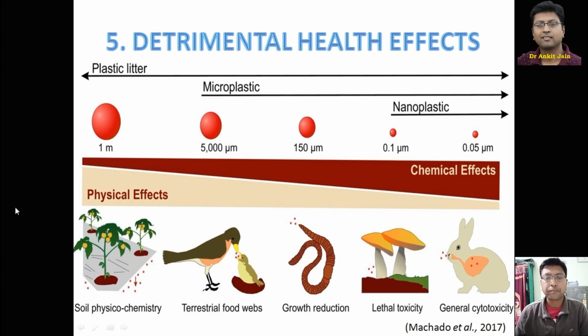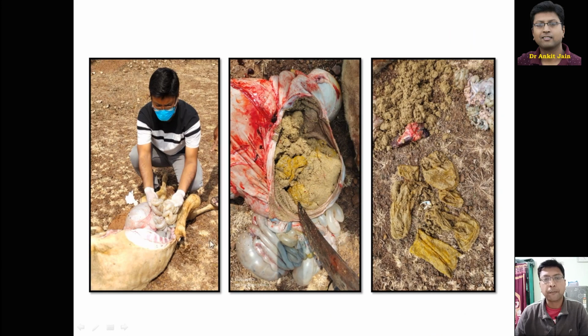Plastic larger in size causes different physiological effects in soil as well as in humans and animals, while a decrease in size leads to chemical effects in animals and ecosystems, like toxicity and growth reduction in invertebrates, etc.